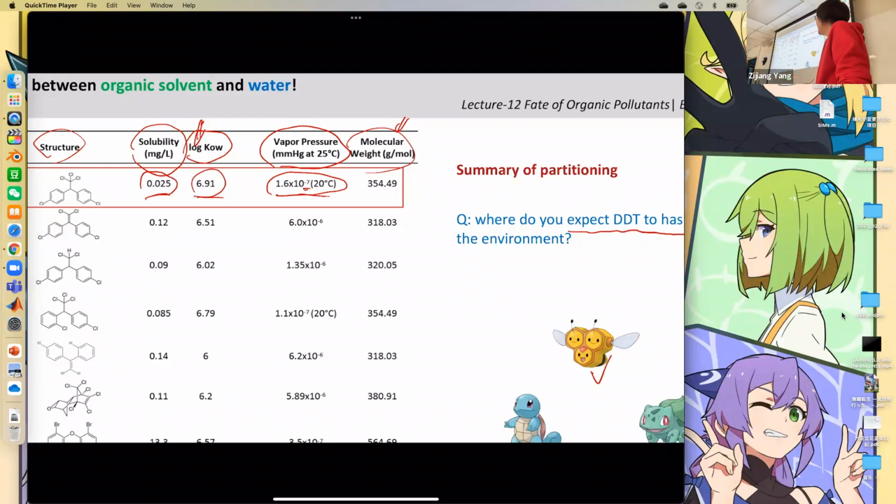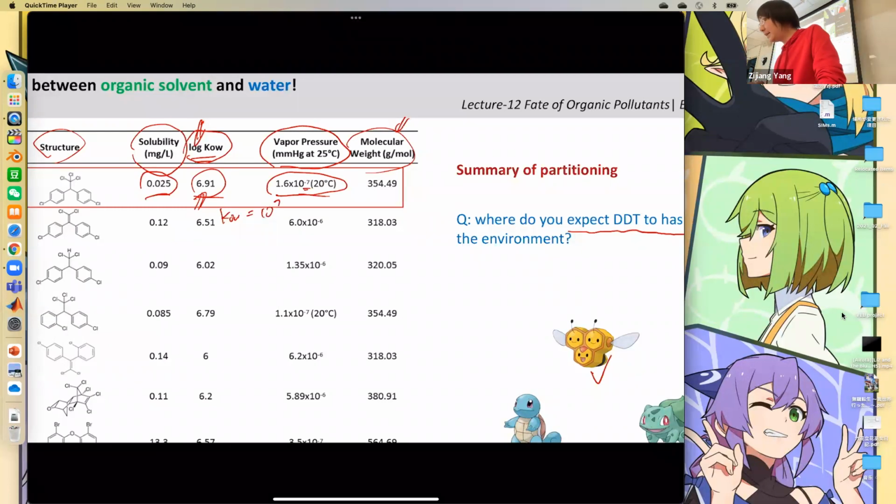We have the solubility, and again, we do not know the solubility of some reference chemicals, so it is also hard to determine. But we can also see that for the log KOW, this is greater than 1, which means the KOW equals like 10 to -7.